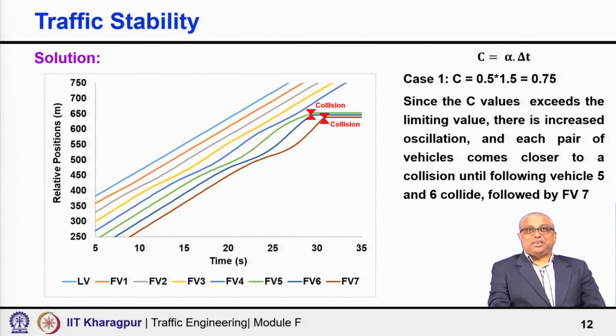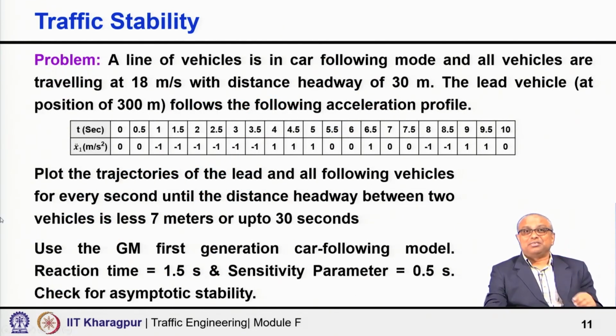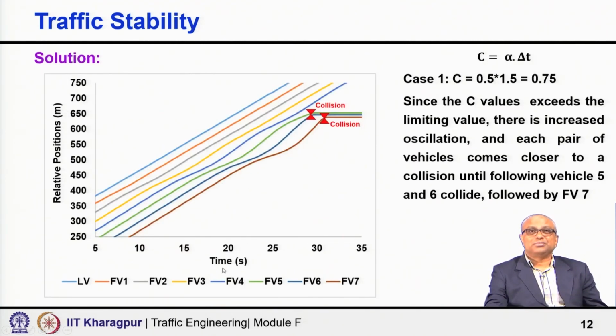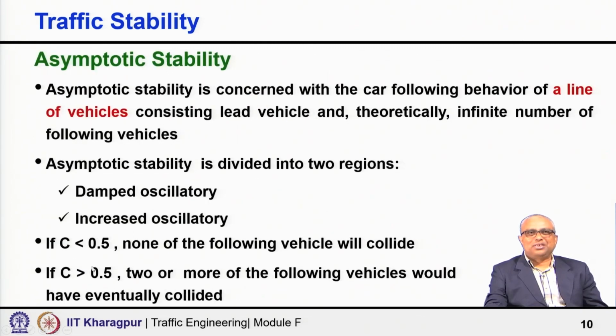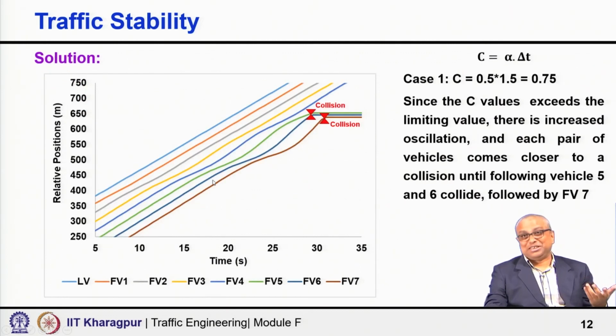Things are much more complex behavior-wise when there are multiple vehicles, and we are trying to check the asymptotic stability considering there are n number of following vehicles. So, that is what is shown here. And in fact, here also if you calculate, the C value is coming to be 0.75. If you look at the threshold, 0.75 means it is eventually indicating that some two vehicles will collide, and that is what you can see in this example problem also.